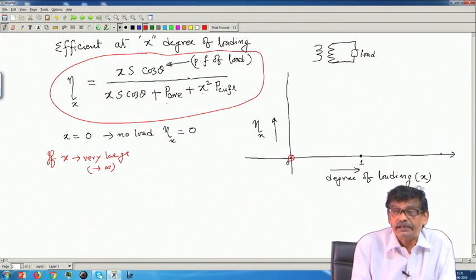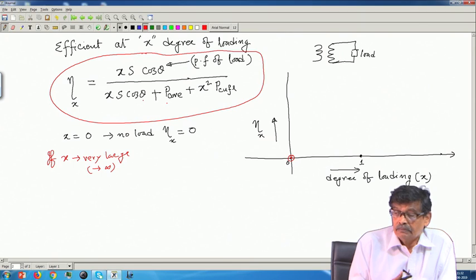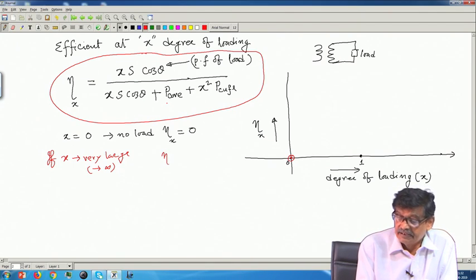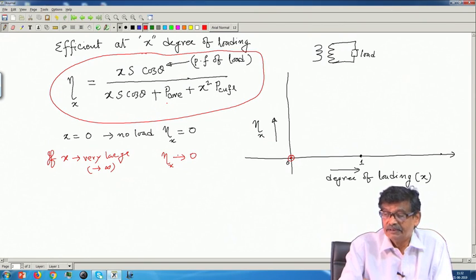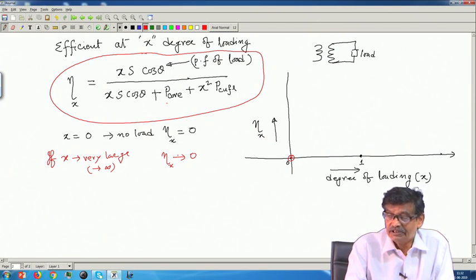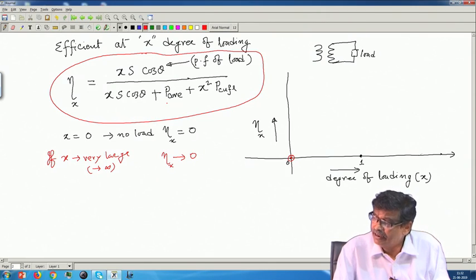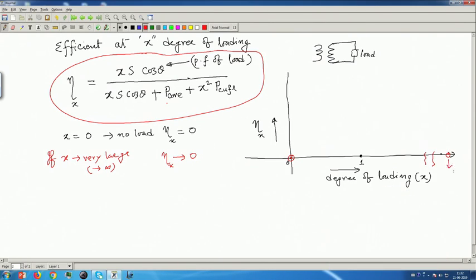There is the x squared term below, so it will prevail over all the other terms. Therefore, efficiency will tend once again to 0, because the other terms with respect to x squared can be neglected, and it will be some S cos theta by x P_CU full load. So x tending to infinity means efficiency once again tends to 0. So at a very large value of x, the efficiency is once again very small.